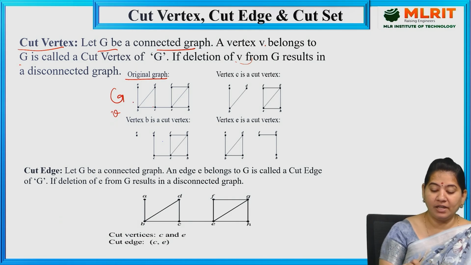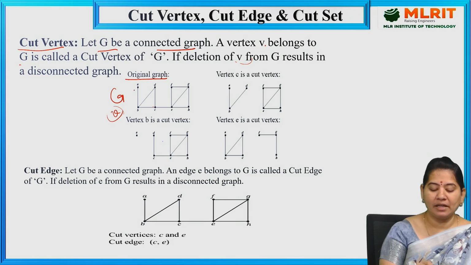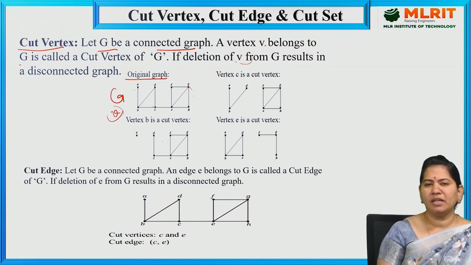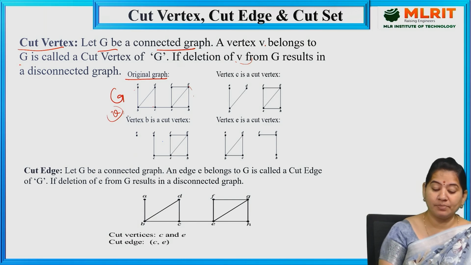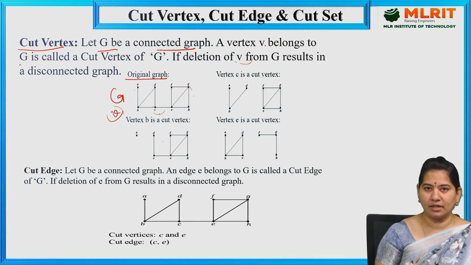If we delete that V, V can be anything, because all the vertices I am denoting with V. If I delete any one vertex, A, B, C, D, E, F, G, H, from this connected graph and the graph becomes disconnected, it means that because of removing that vertex, I cannot traverse from one vertex to another vertex. Then we say it is a disconnected graph.